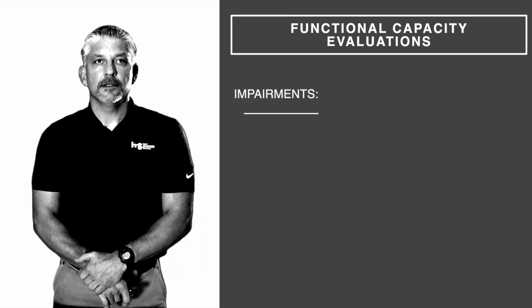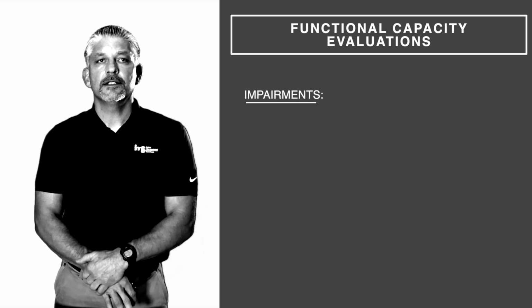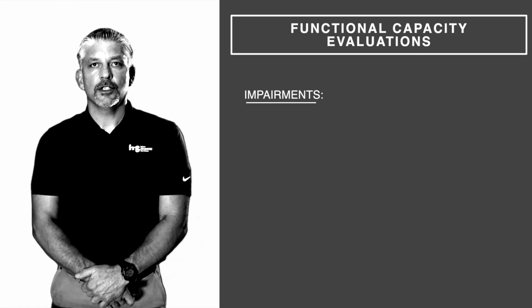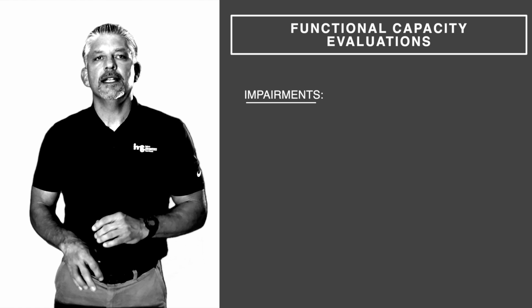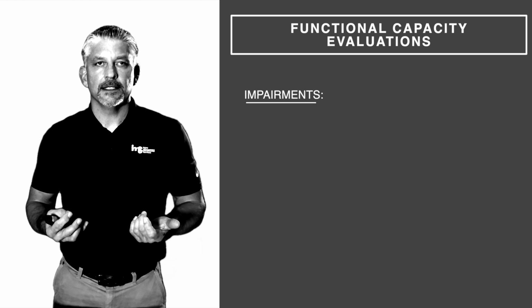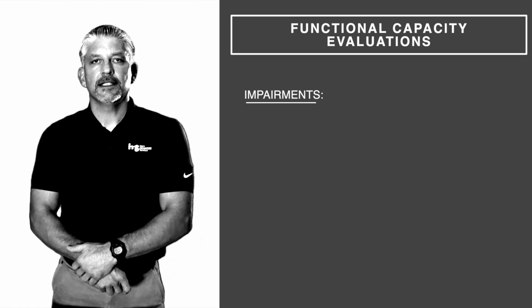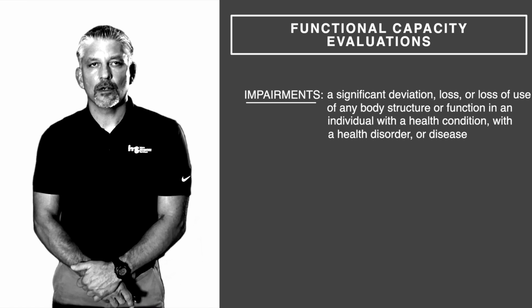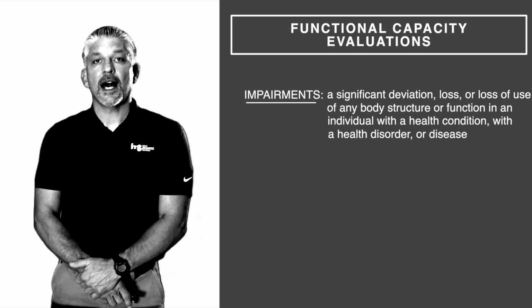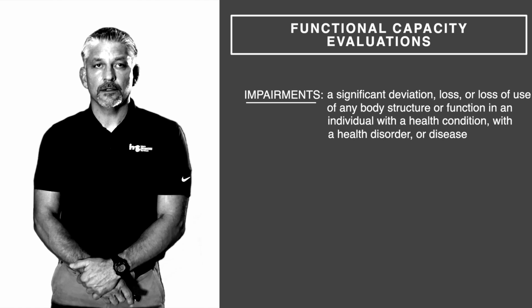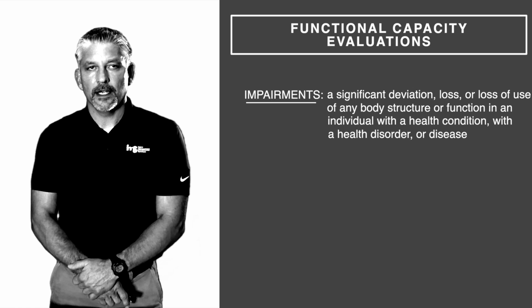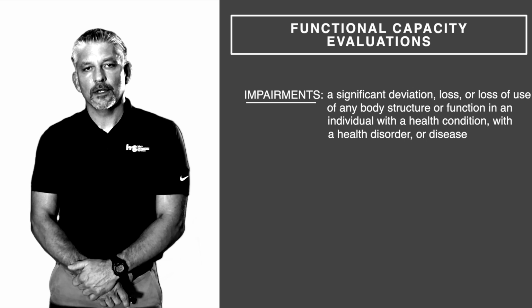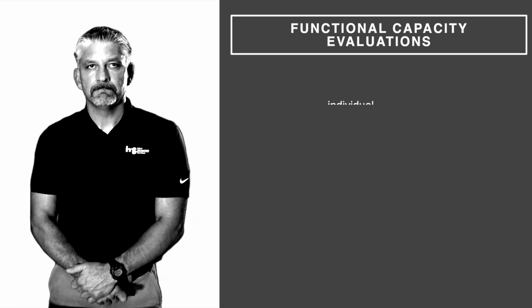Now, impairments. Impairments are based upon the 6th edition of the guides, and the guides define an impairment as a significant deviation or loss in the use of a body structure or body function in an individual with a health condition, a disorder, or a disease.